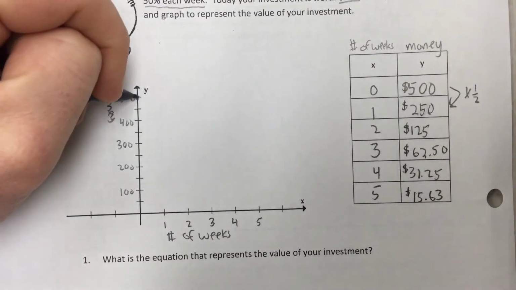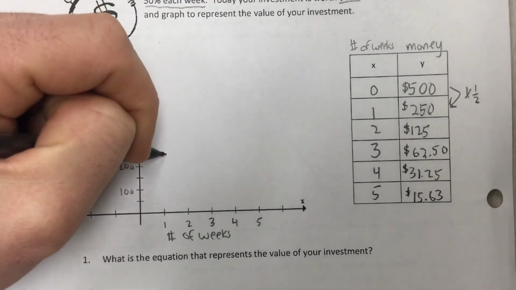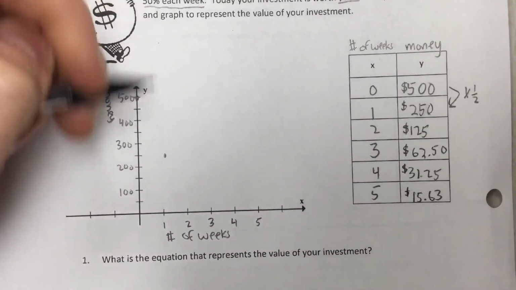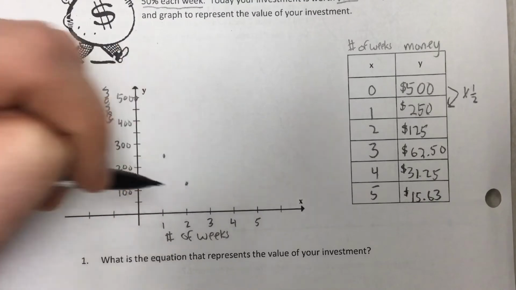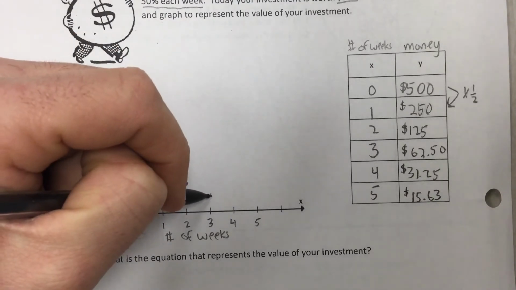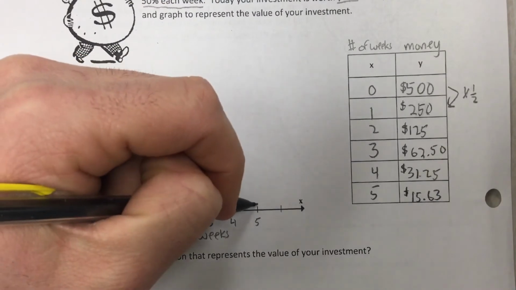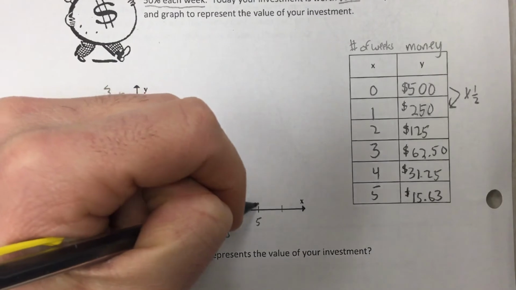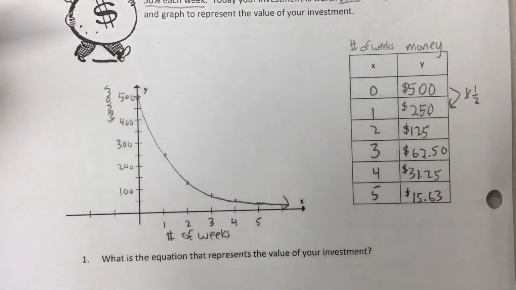So we are at 0, 500. 1 is 250. 2 is 125. 3 is 62.5. 4 is 30. 5 is 15. And again, we can have part of a week. So we're going to continue and make this continuous and connect the points.